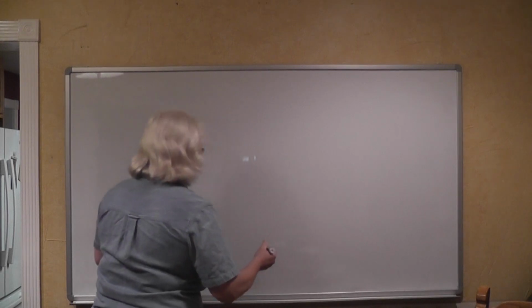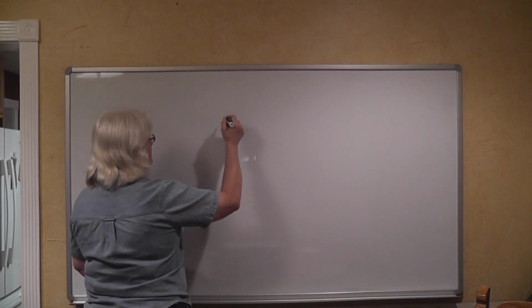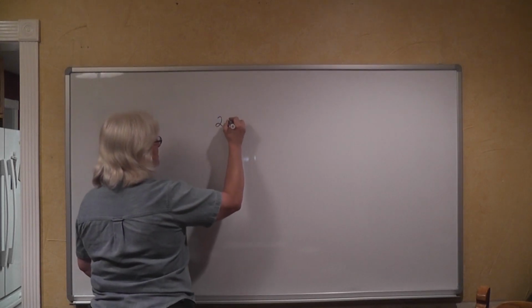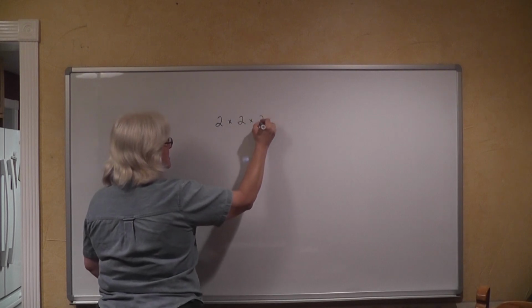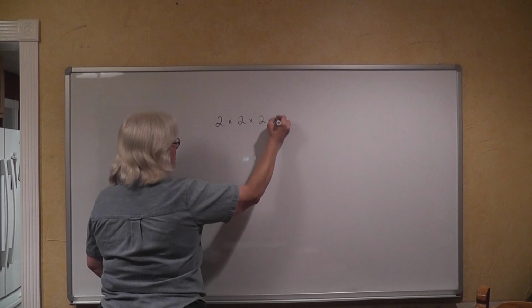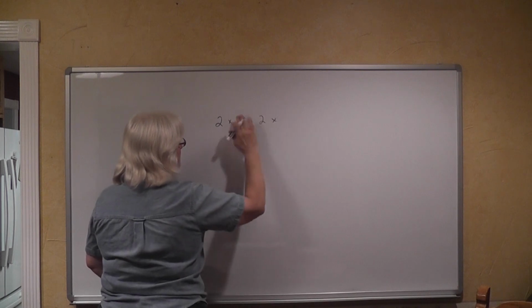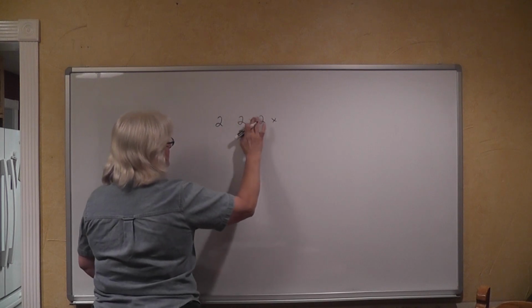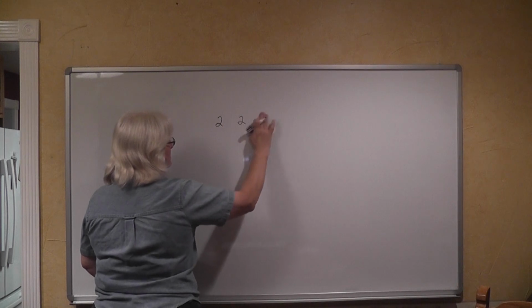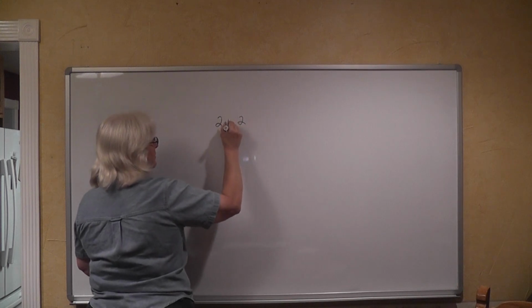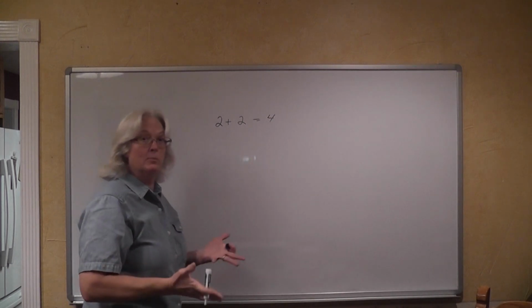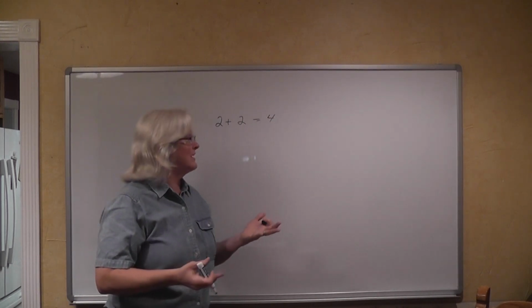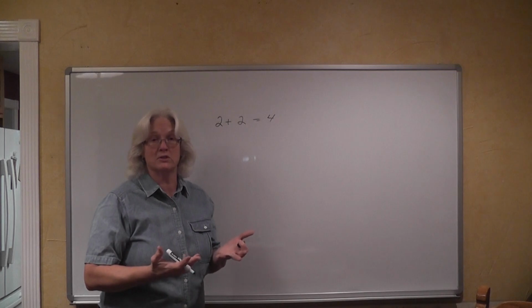When you first started learning how to do arithmetic, you added numbers together. And then you eventually got to where you could say 2 plus 2 was equal to 4. That was a really important fact for you to learn, and looking now, it's like, well, of course 2 plus 2 is equal to 4.